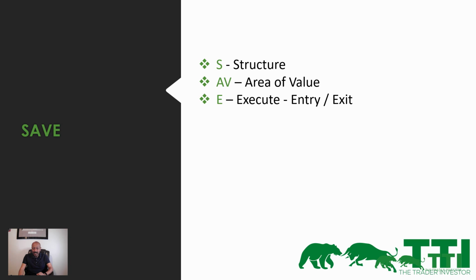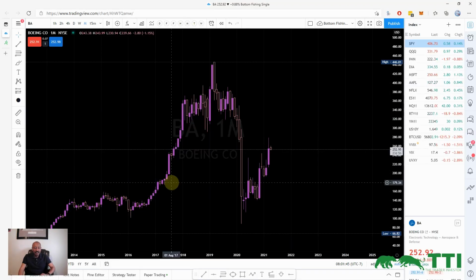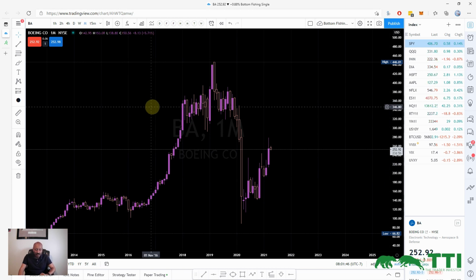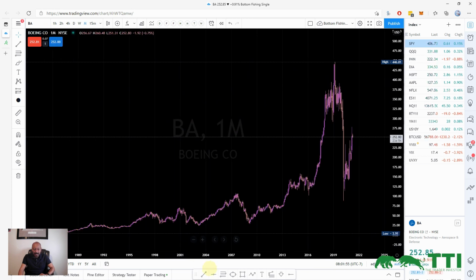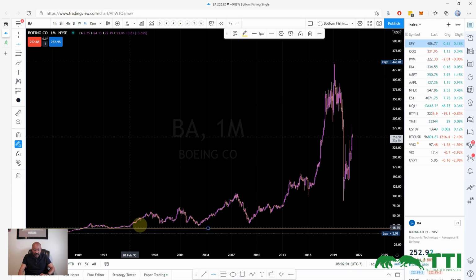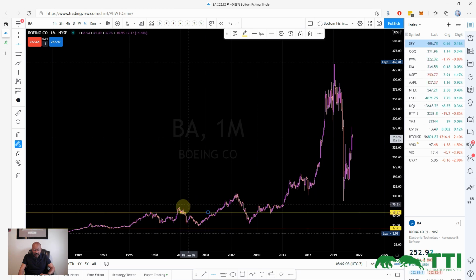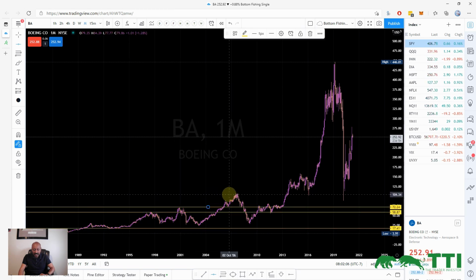Based on that, let's go to the charts and look at Boeing as an example. I start with my monthly. This is where I start. Then I just draw support and resistance on my monthly. Nothing very fancy.